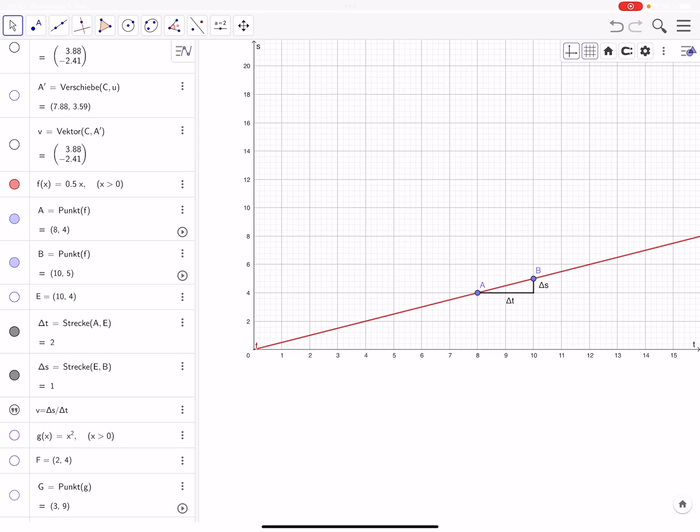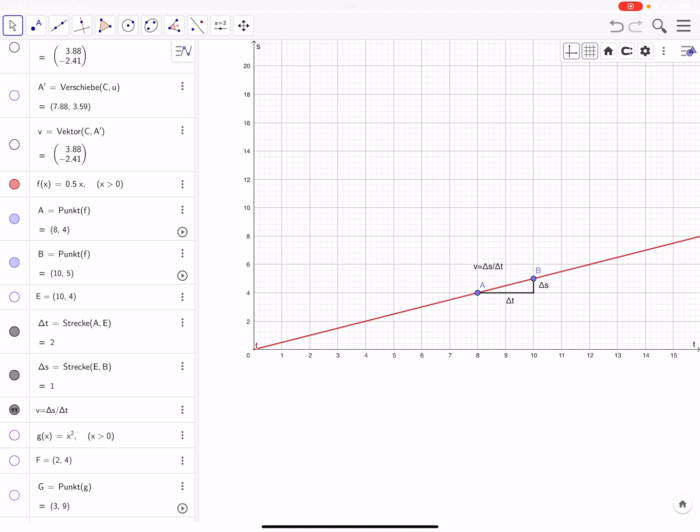So according to our formula, V is delta S by delta T. We would have 1/2, so that's 0.5.